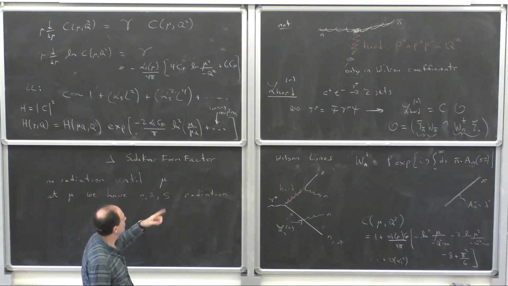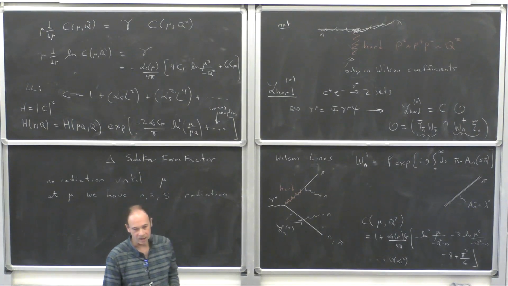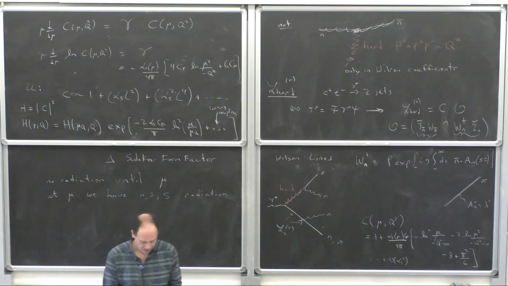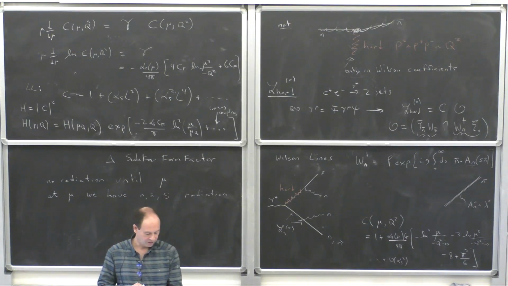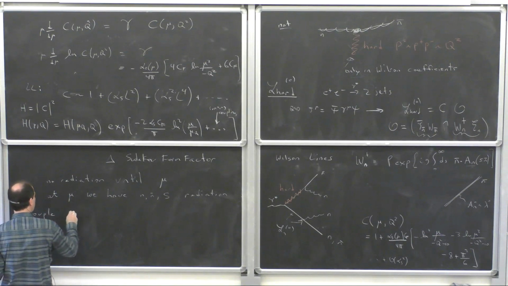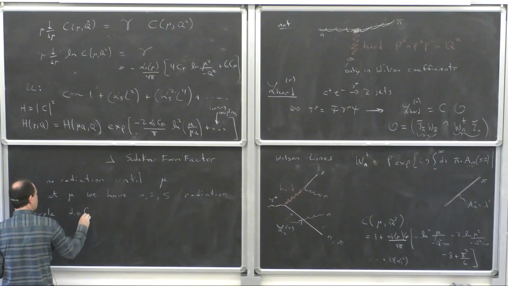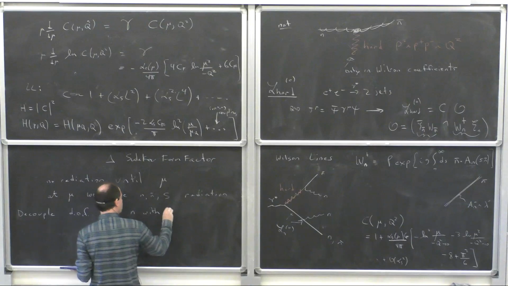The soft stuff was still coupling to each other, but it was coupling in a very particular way through this n component. And it turns out with a little work, which I will, in the interest of time, not discuss, that you can decouple. So we can decouple the degrees of freedom in the EFT. n with n bar is already decoupled.